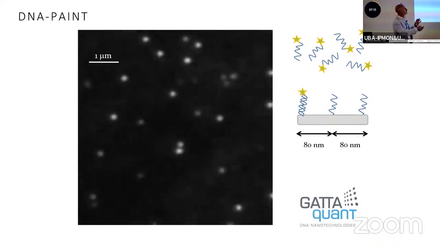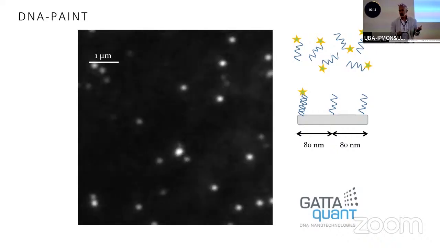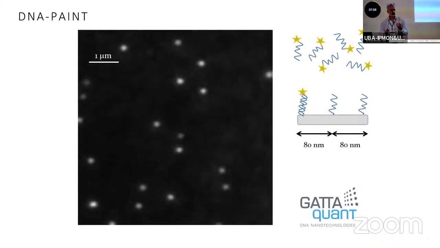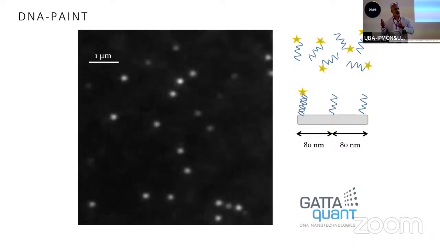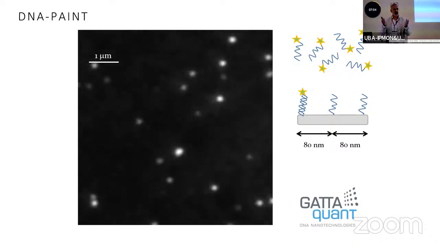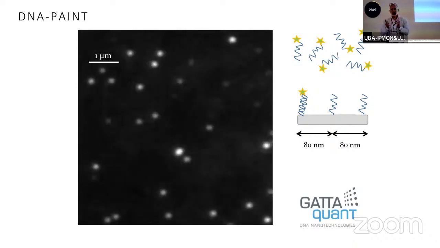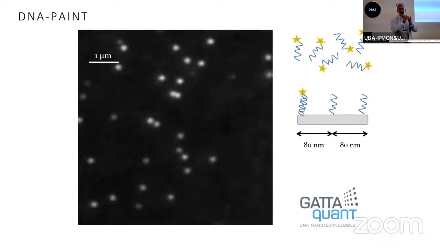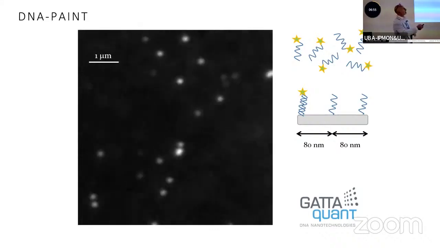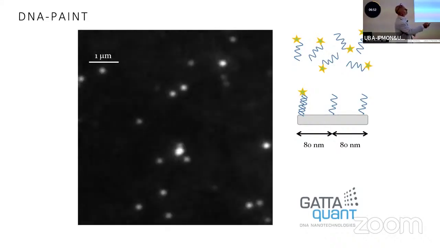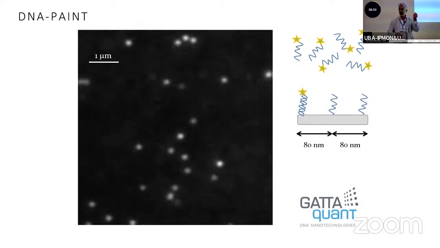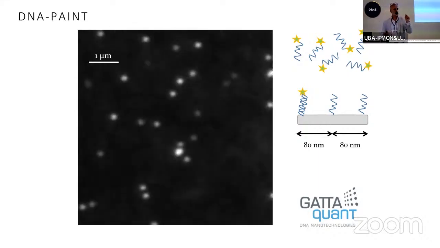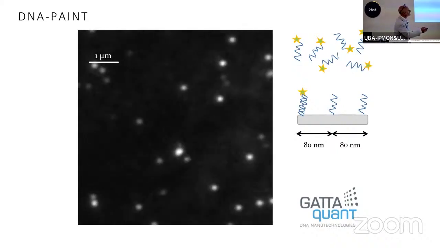So it will hybridize for some time, and then it will go back to the solution. So usually you use between 7 and 9 complementary bases. And then the binding energy is comparable to kT. So the binding lasts between some milliseconds to 1 second, and it goes away. And then the next time, here or in the same position or in another, randomly, they will hybridize and give you a bright spot from which you can pinpoint the positions of your sample that you labeled. Okay?